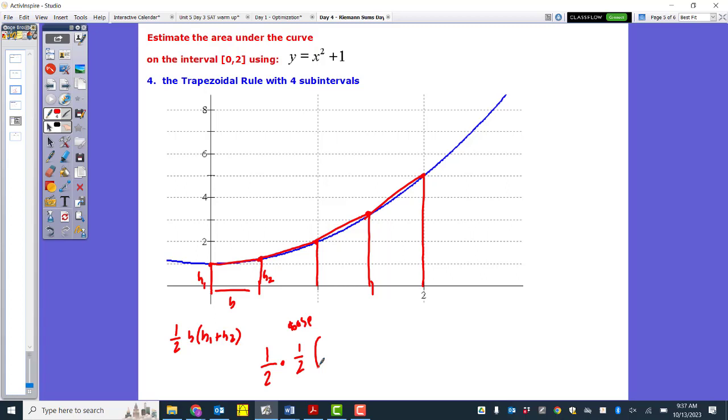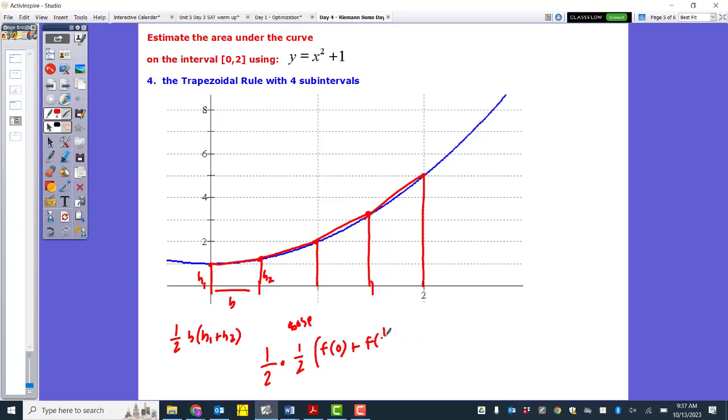And then we have our heights. So for the first one, height 1 is f of 0. Height 2 is f of 1. Or sorry, f of 1/2. That's the first one. The second one, height 1 is f of 1/2. And let's set this up as separate things.